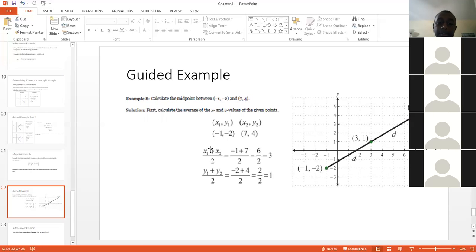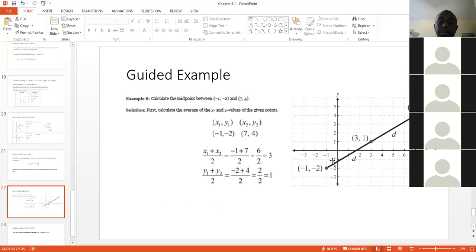For x1, since it's -1, plug in -1. x2 is 7, so -1 plus 7 is 6. You divide everything by 2, you get 3. Now y1 is -2, y2 is 4, so -2 plus 4 is 2, and 2 divided by 2 is 1.